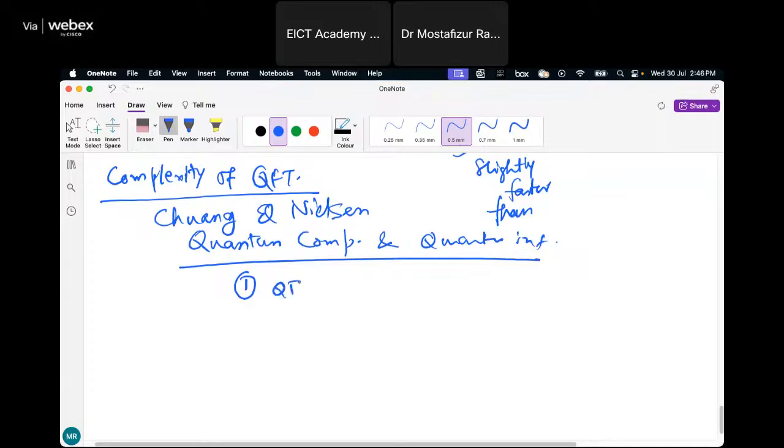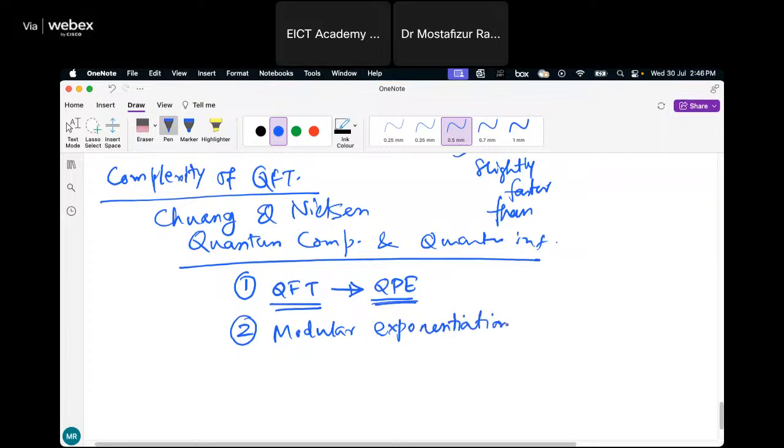One is the quantum Fourier transform, and basically we will see the quantum phase estimation part, which is used in Shor's algorithm. The heart of quantum phase estimation is QFT, which we'll be learning today. The second part is the modular exponentiation part, which we will see tomorrow.